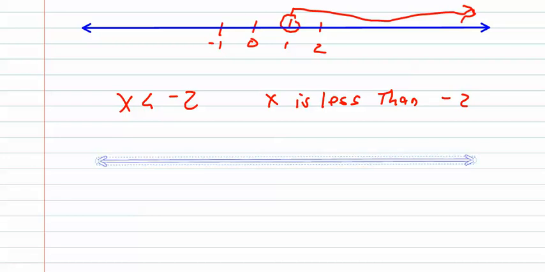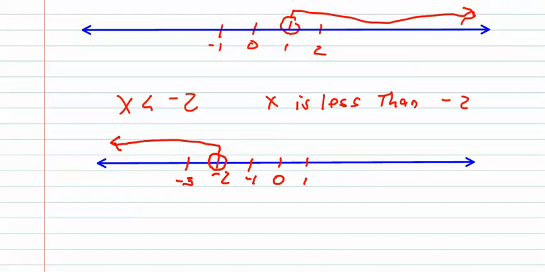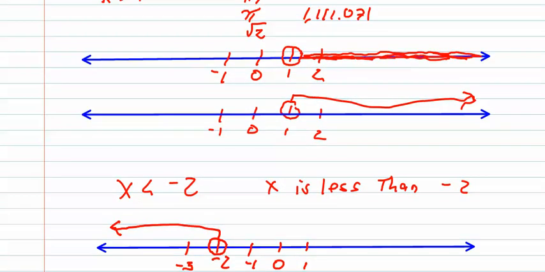So, draw my number line. -3, -2, -1, 0, 1. Numbers that are less than -2, put a circle around -2, and we go to the left. This represents all numbers smaller than -2. This first graph represents all numbers larger than 1.